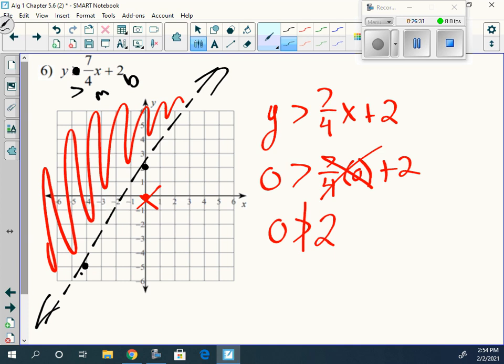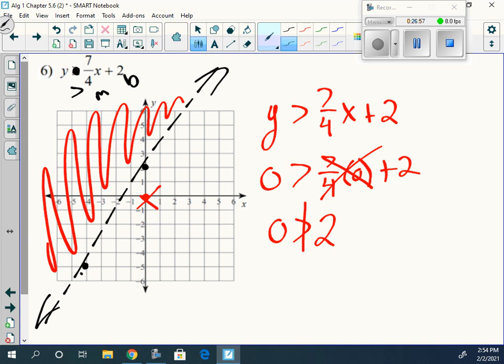The point 0, 0. Because if you remember back to yesterday, when we were plotting the points, if the point was in the shaded area, it made the statement true, yes? If it wasn't in the shaded area, it made it false, yes? So if I come up with a false statement, it means it's not in the shaded region.